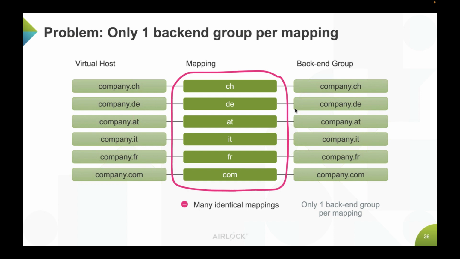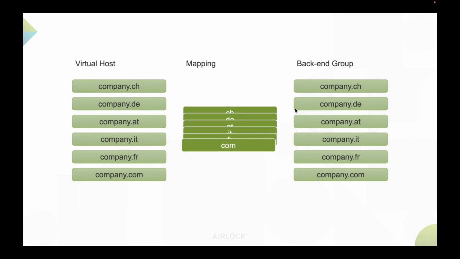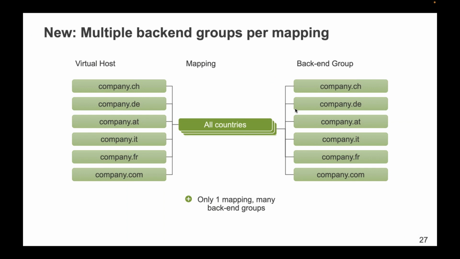So what you're seeing here is that you have many identical mappings, and it's not because you need them. It's just because you need them to connect the virtual hosts to their backends. And so that will just blow up your configuration screen, and you will have to use labels to shrink it down again and find what you're actually looking for.